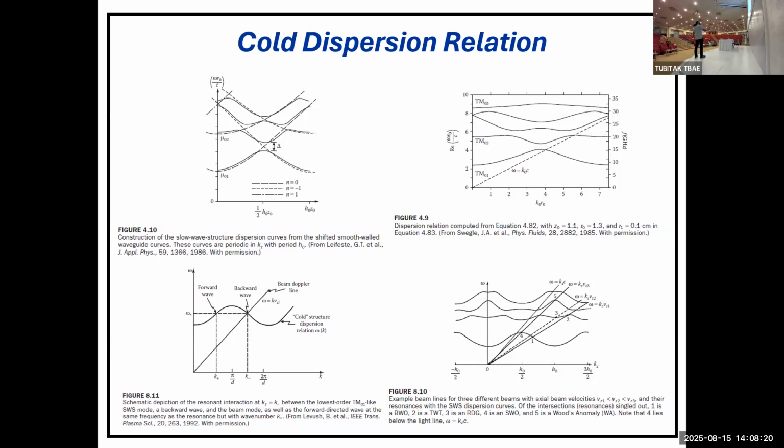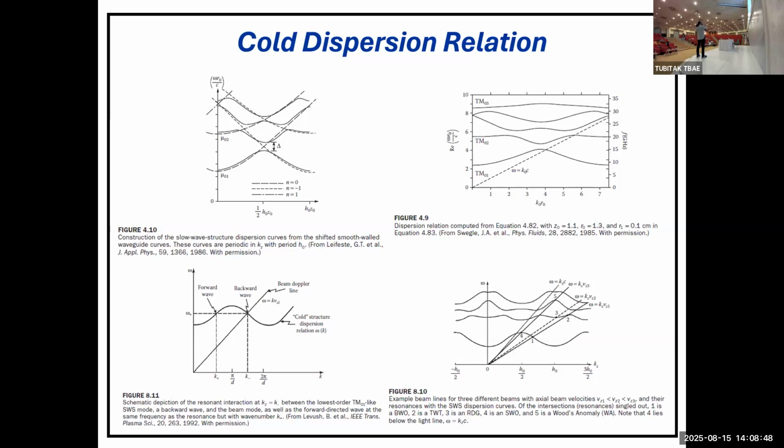Now, what you see in the dotted line is the smooth wall waveguide. The regular waveguide you have probably studied, and this is just a pipe, could be cylindrical, could be rectangular, could be elliptical in some cases. This is very nice, showing you how they construct the dispersion curve from the smooth wall waveguide.